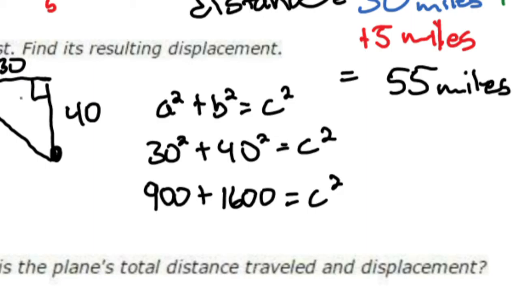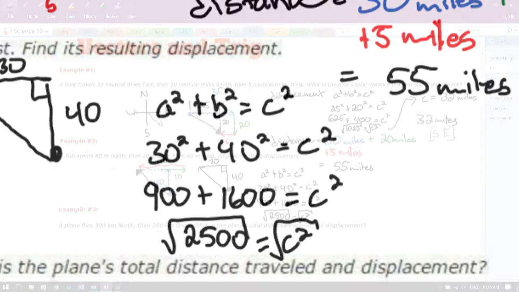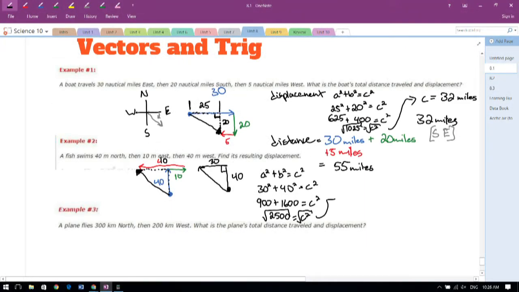I think so. And square root of 2500, what number times itself is going to give me 2500? I'm thinking that is going to be 50. 50, is that right? Is C? Yeah, I think it's 50.